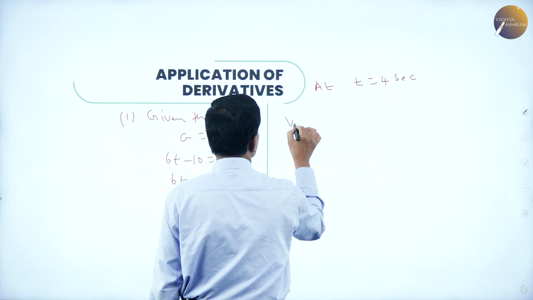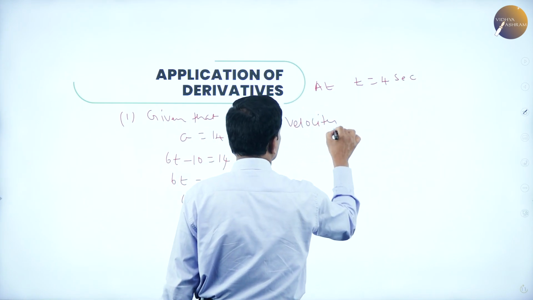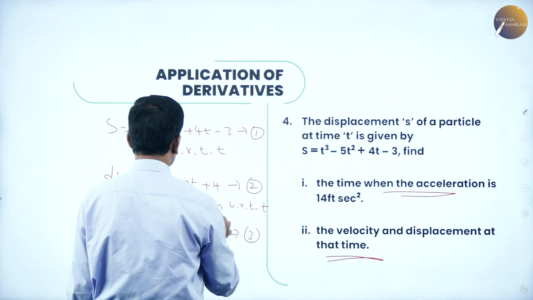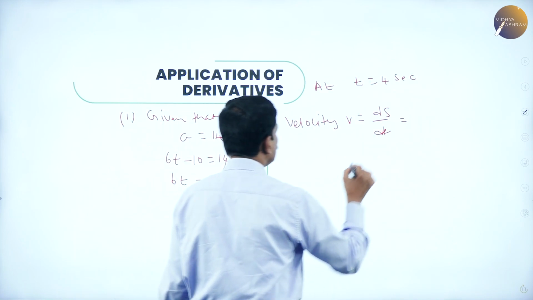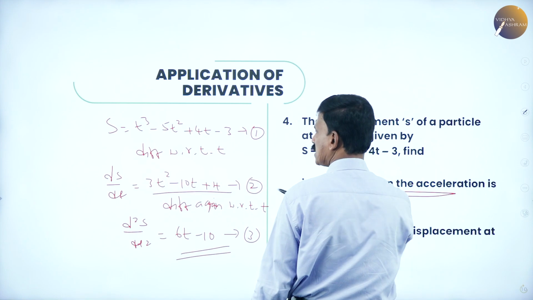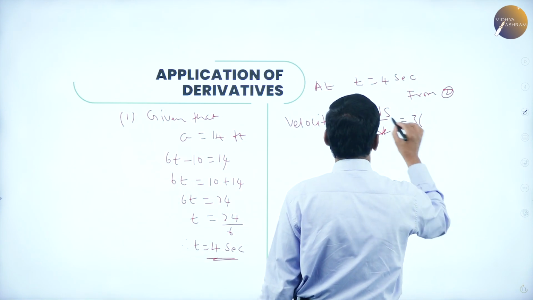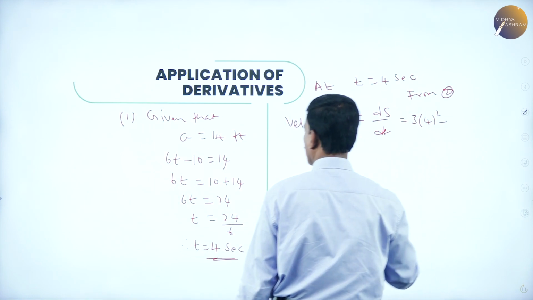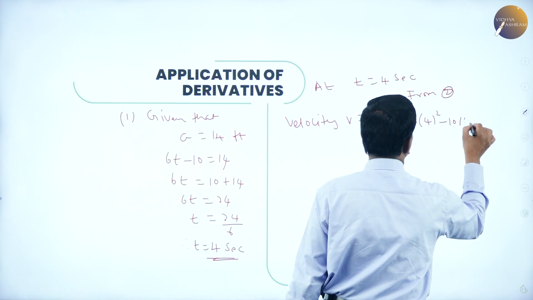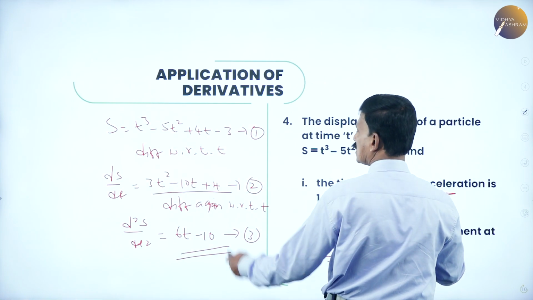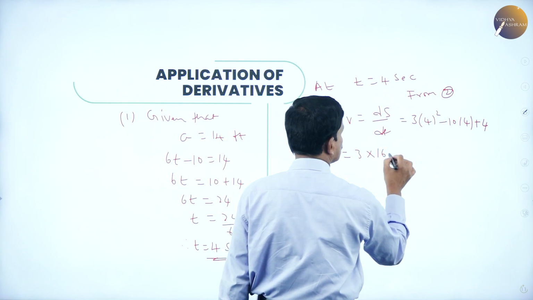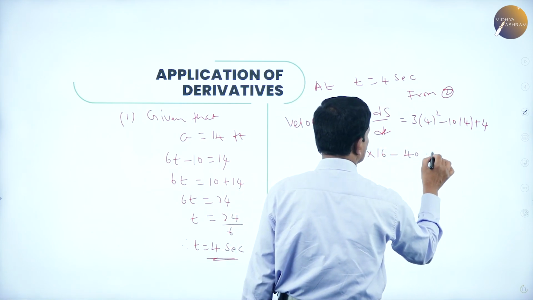Now, come to the first one, velocity. Velocity v is equal to ds by dt. That is equal to, from equation number 2, 3t square minus 10t plus 4, with t is 4. Simplify this. 3 into 4 square is 48, 10 4s are 40, plus 4.